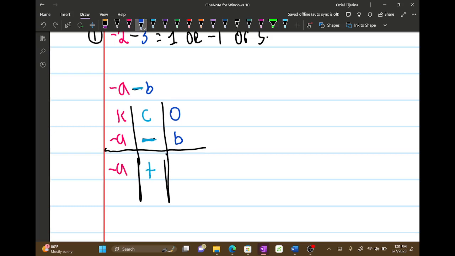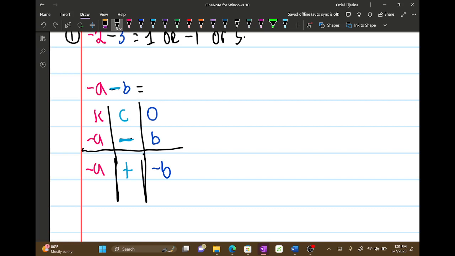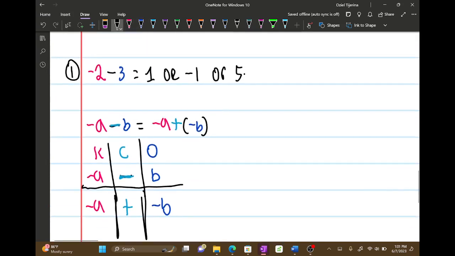The opposite of b just means, if it's positive, it'll become negative. So really, this becomes negative a plus negative b, right? So we have to remember that stuff.